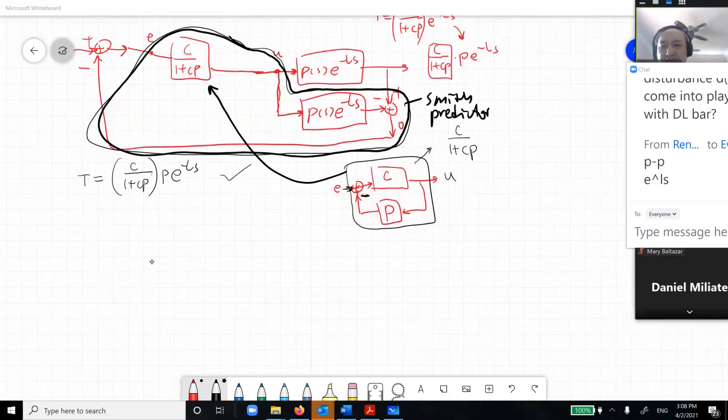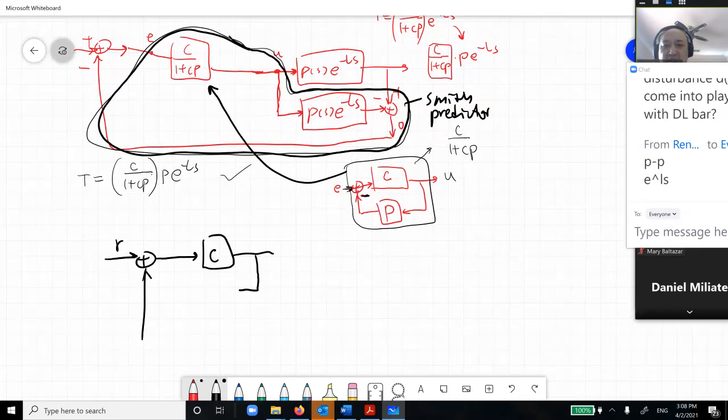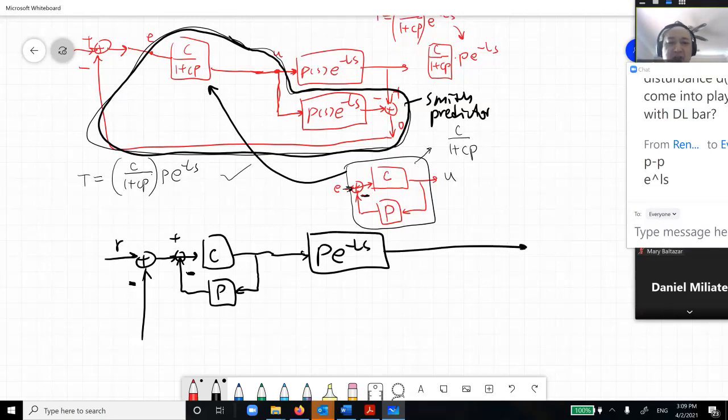So it becomes: you have a reference, you have output. Here you have a C, and remember, you have P in here, with a minus here. I insert this one into here, so I write it this way. Now here I have P e^(-Ls). This is my original system I want to control.